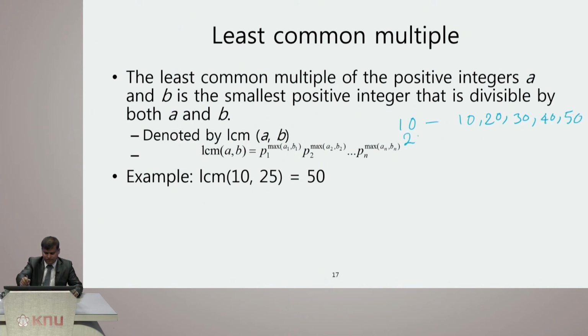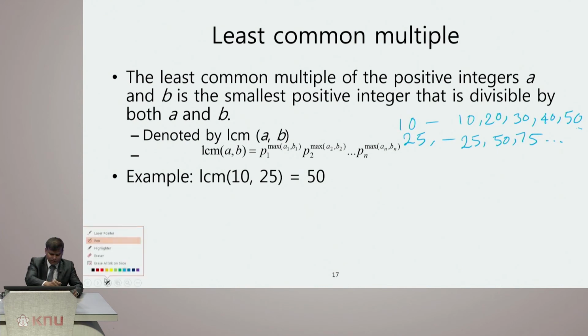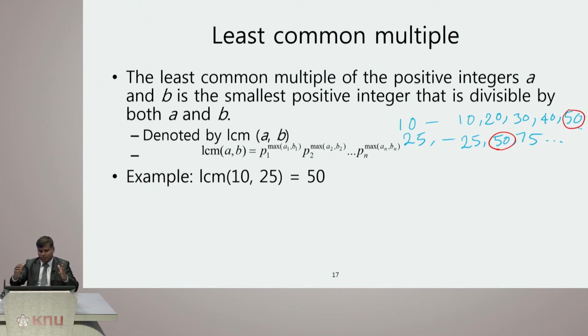And for 25 you have 25, 50, 75 and so on. So we know that among this list for these two numbers, 50 is the least common multiple, which is common to both 10 and 25.